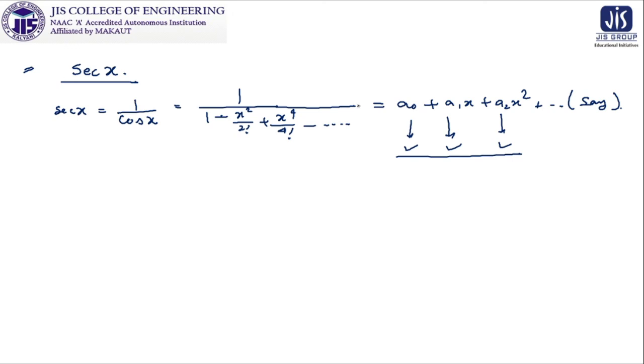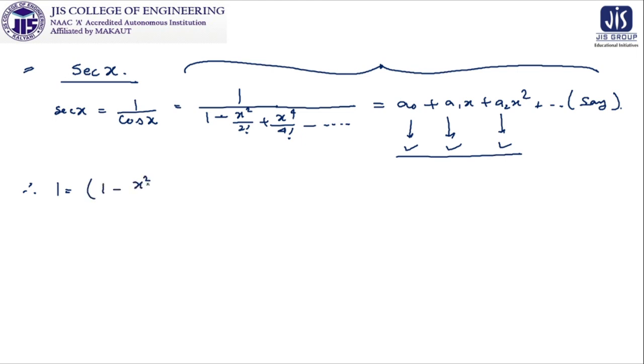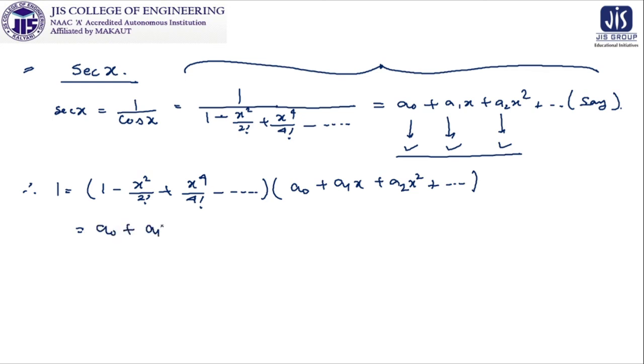If I take this particular part and do the cross multiplication, then we can write 1 is equal to 1 minus x square by factorial 2 plus x to the power 4 by factorial 4 minus dot dot dot, into a0 plus a1 x plus a2 x square plus dot dot dot.